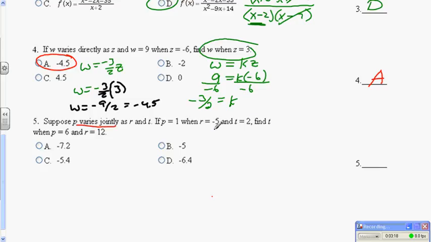Varies jointly in the order they give it to us. P varies jointly as R and T. When P is 1, R is -5, and T is 2.